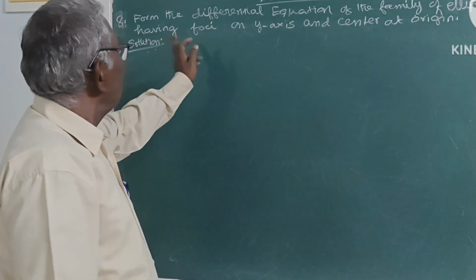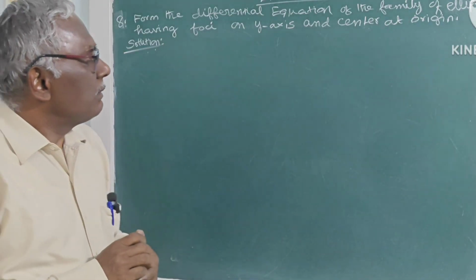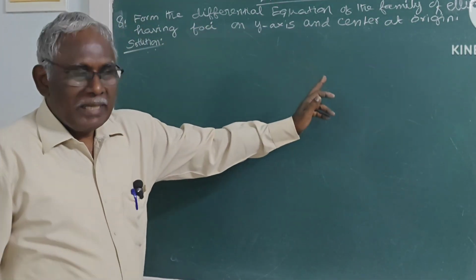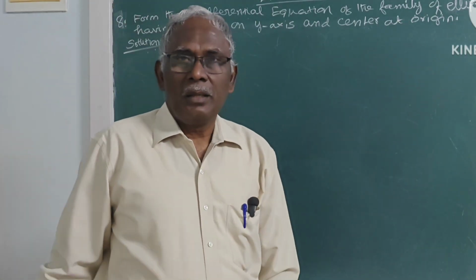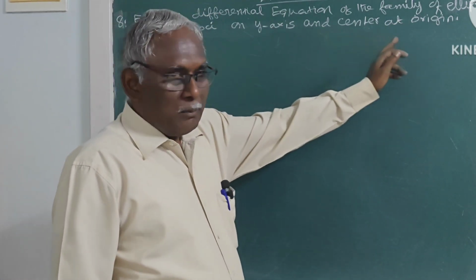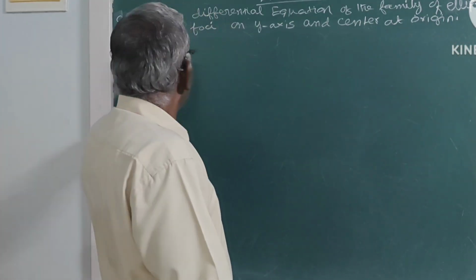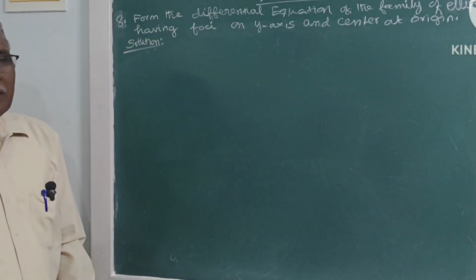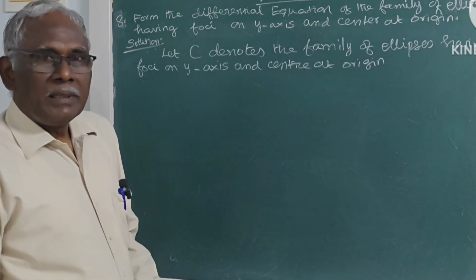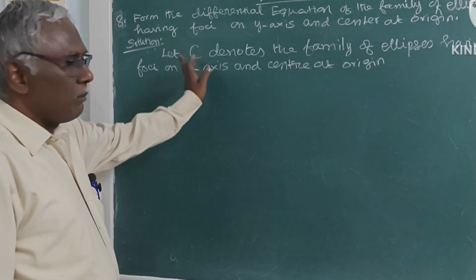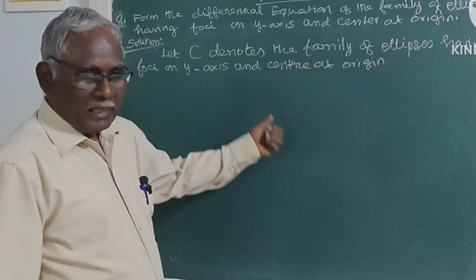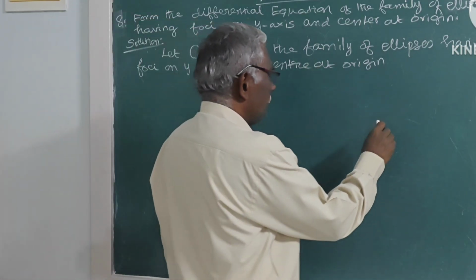In this problem, we have to form the differential equation of family of ellipses having foci on y-axis and center at the origin. So let C denote the family of ellipses having foci on y-axis and center at the origin. We will draw a rough sketch of one member of C. So this ellipse has foci on y-axis and the center at origin.